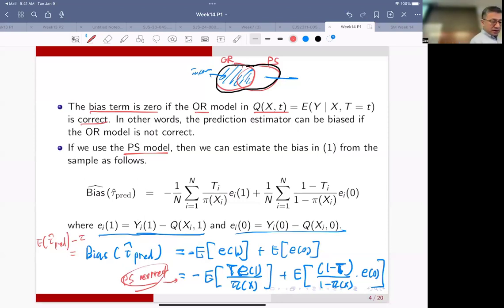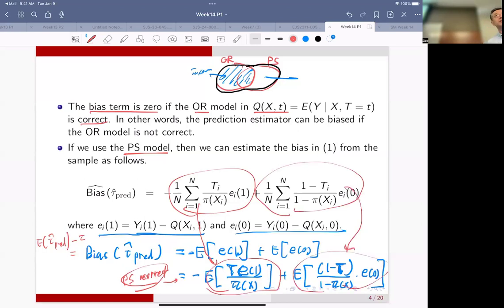So basically, this guy estimates this guy, and this guy estimates this guy. Unbiased estimator. So basically what we are saying is that we have an initial estimator, and then we can estimate the bias of that estimator.